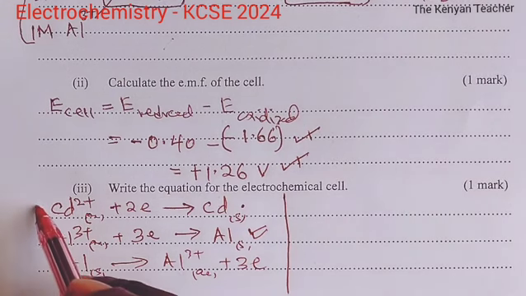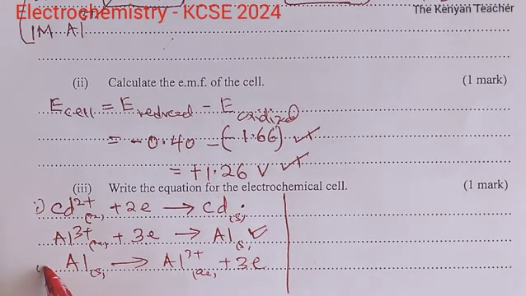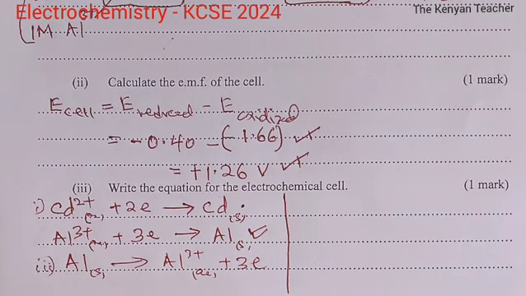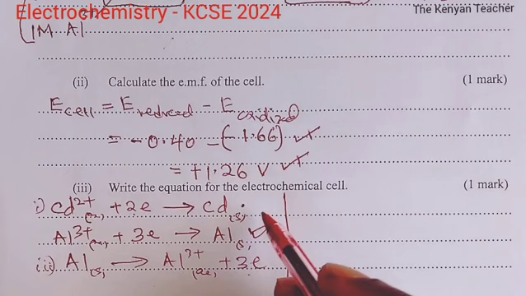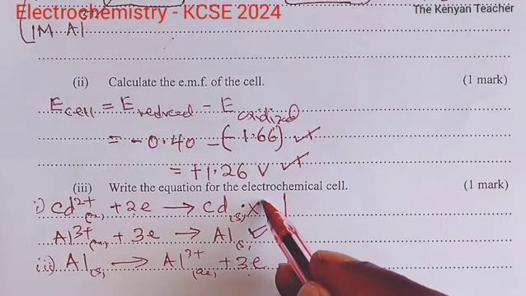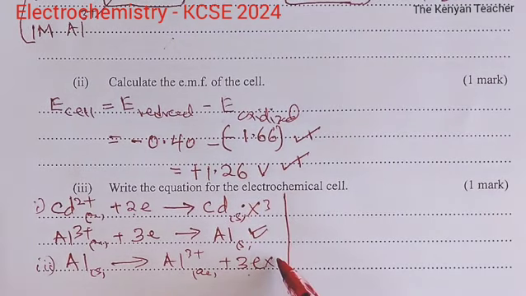So we now take note of equation 1 and equation 3. They will be of help as we continue to write the equation for the electrochemical cell. So next step is to balance the moles of electrons for our two equations. Here is 2, here is 3. So we need to multiply equation 1 by 3 and equation 3 by 2.